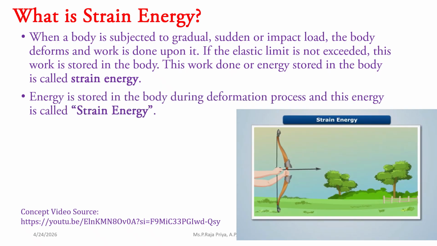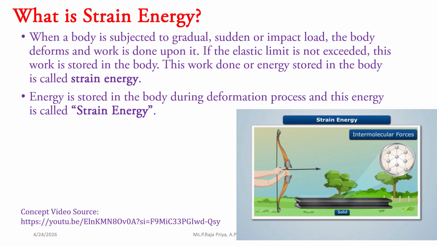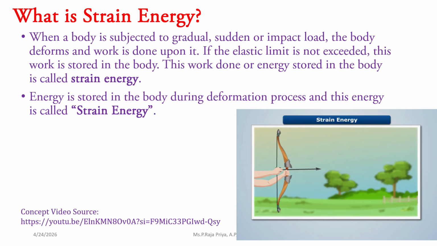The strain energy concept can be better understood by this bow and arrow example. It is a solid material. The molecules in the solid material are held together by intermolecular forces. To deform a solid material, some work has to be done. In this case, when we pull the string, the bow bends.